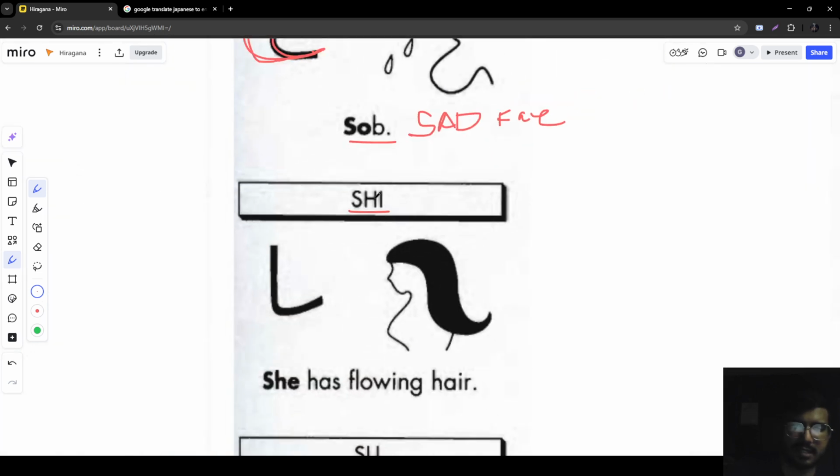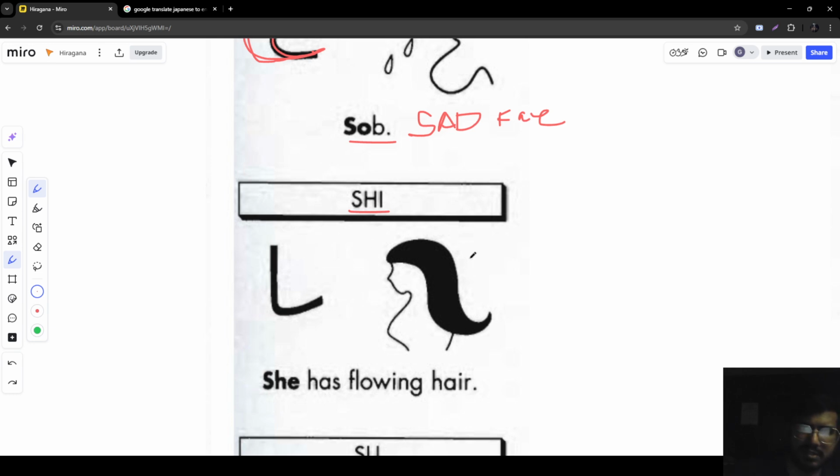She कैसे याद रहेगा? She has flowing hair. This could be the hairstyle, right? This is the hairstyle. But इसमें और एक way है. There's another way that you could remember this. I remember it as a fishing hook, the fishing hook which is attached to the bottommost part of the fishing rod.